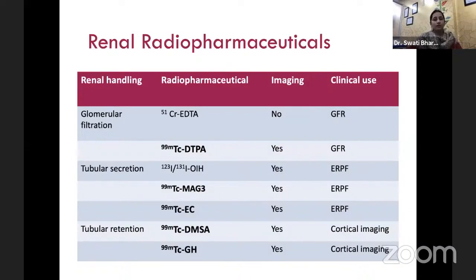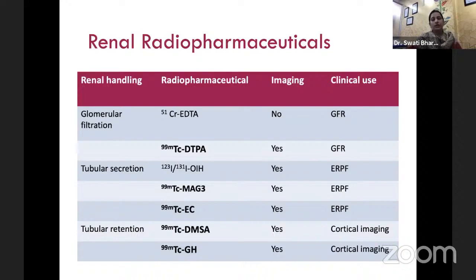There are basically three categories of agents. One are those handled by the kidney by glomerular filtration. These agents, particularly technetium DTPA, can be used for assessment of function, that is the glomerular filtration rate. Other agents commonly used are MAG3 and EC, labeled with technetium. These are handled by the kidneys by tubular secretion, so they can be used for assessment of renal perfusion as well as the drainage function of the kidneys.